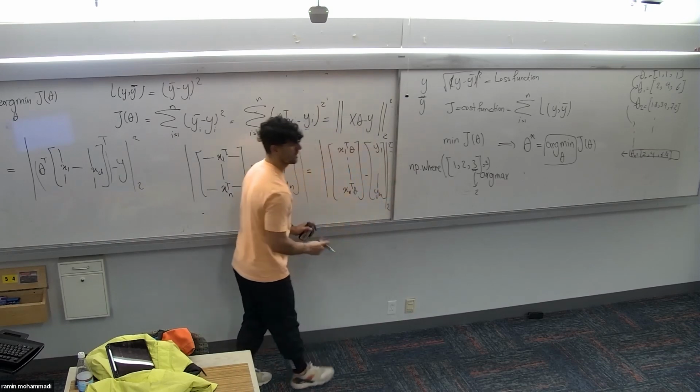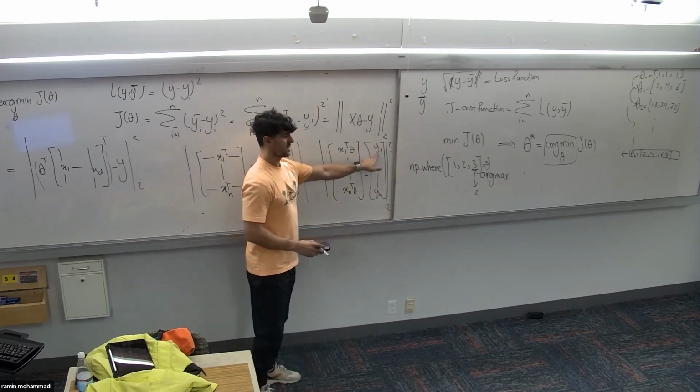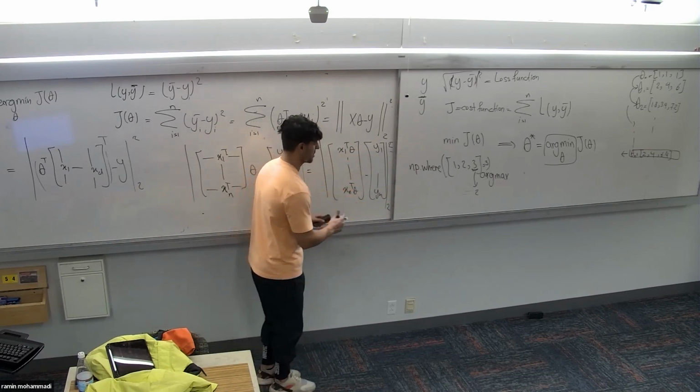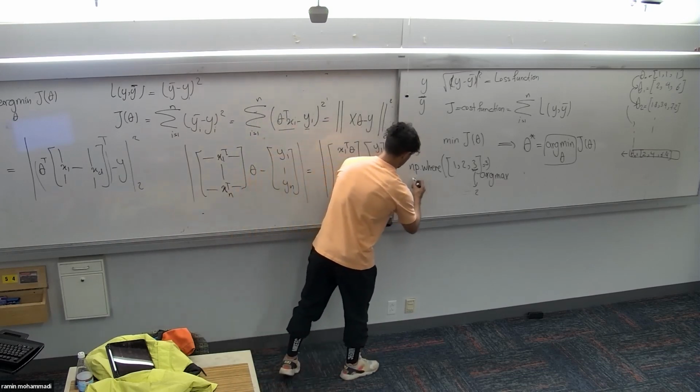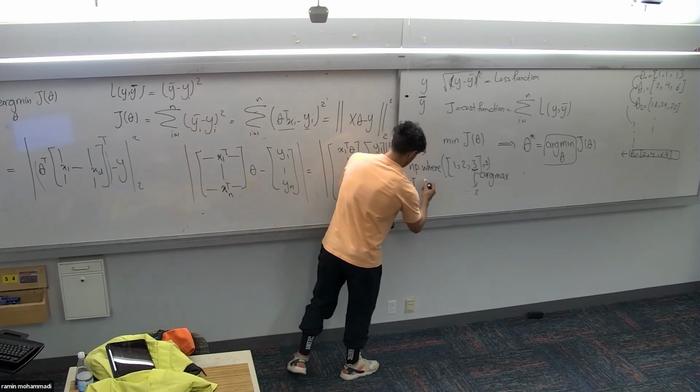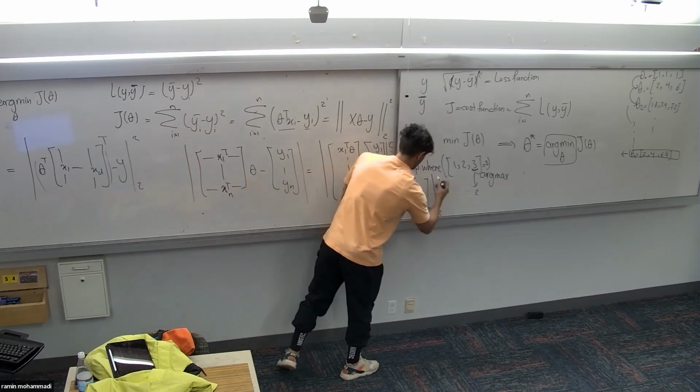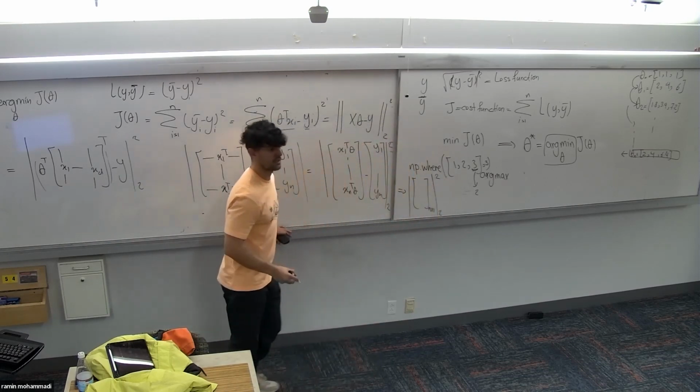Okay, a scalar minus a scalar. What's the dimension? You get the norm 2 of an n by 1 vector, correct?